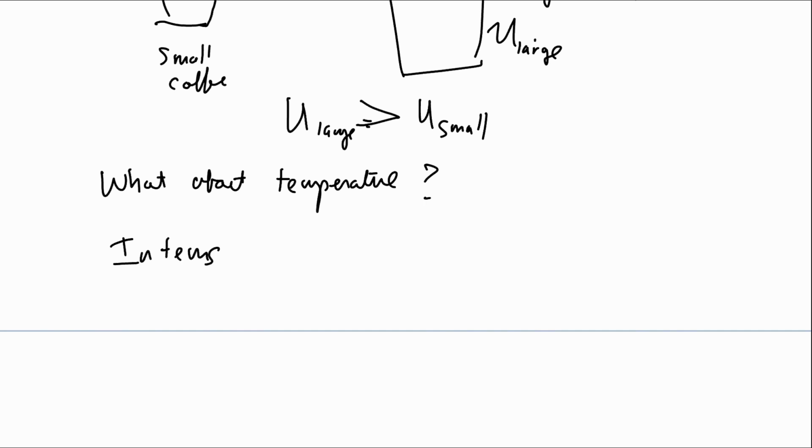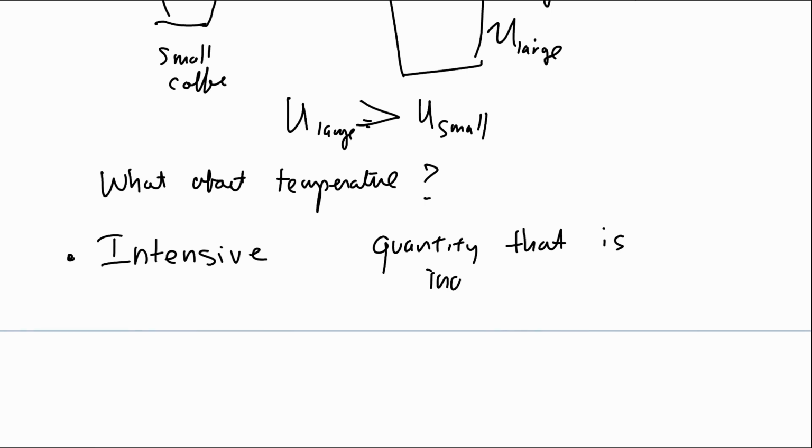If I'm defining a term, I should probably write it so that you can read it. Let's see if I can actually do that. Intensive: a quantity that is independent of system size. Now you have to be a little bit careful.